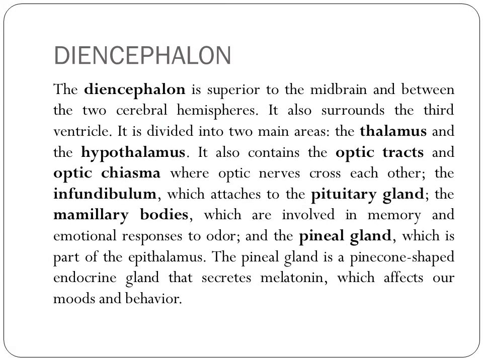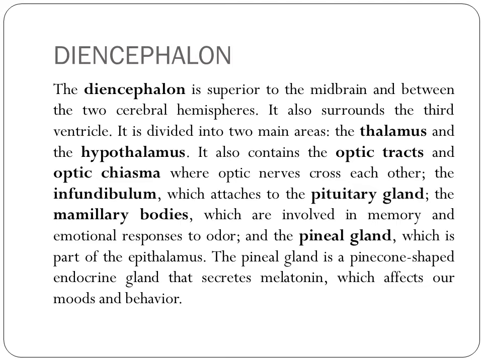The diencephalon is superior to the midbrain and between the two cerebral hemispheres. It also surrounds the third ventricle. It is divided into two main areas, the thalamus and the hypothalamus.